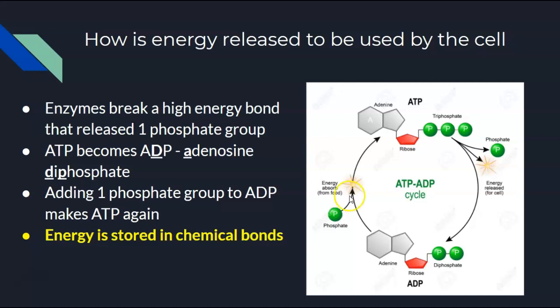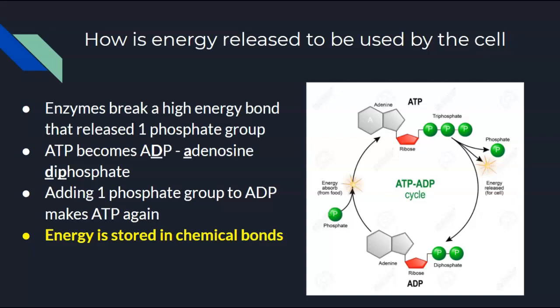And when you put that phosphate back into ADP, it becomes ATP again, and it's just a cycle. So you break the phosphate, you get energy. You're living as ADP, you eat food, you gain a phosphate, it becomes ATP again, the cycle goes on and on. This is how we continuously get energy and use energy.